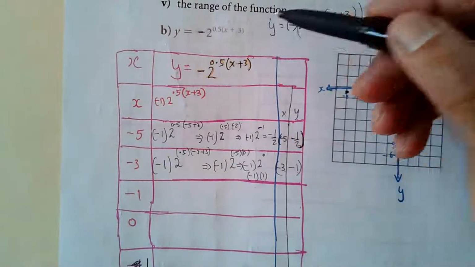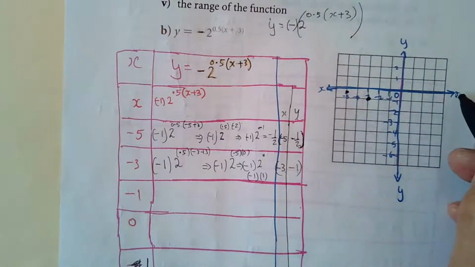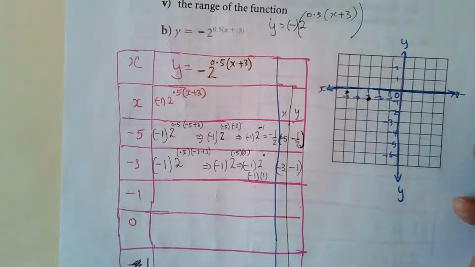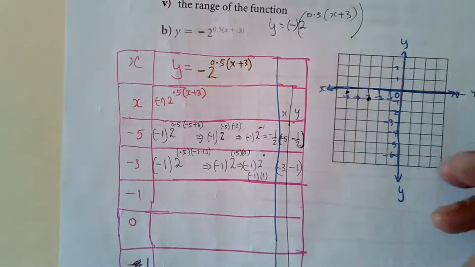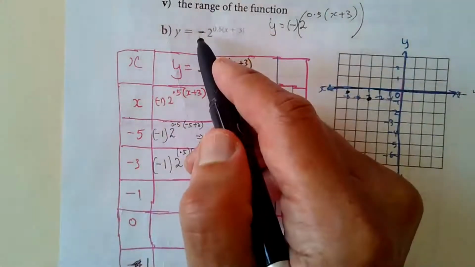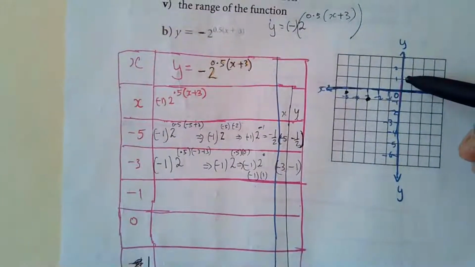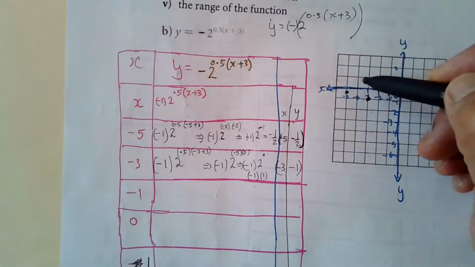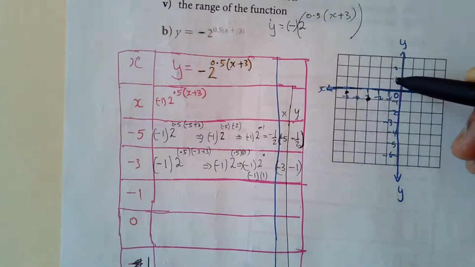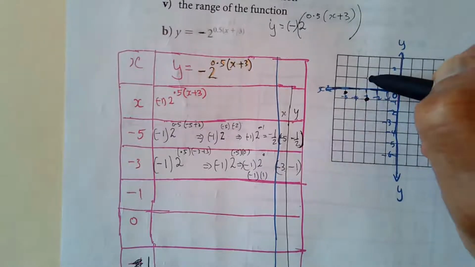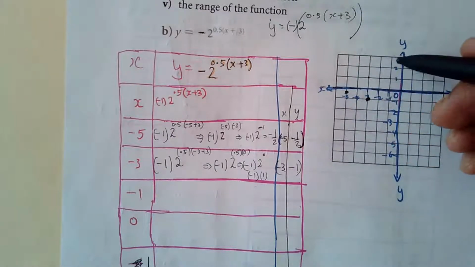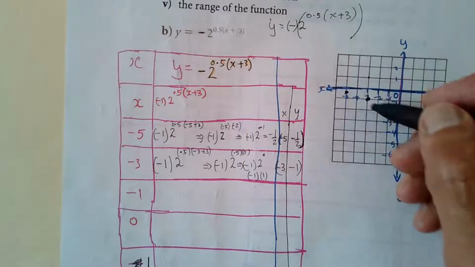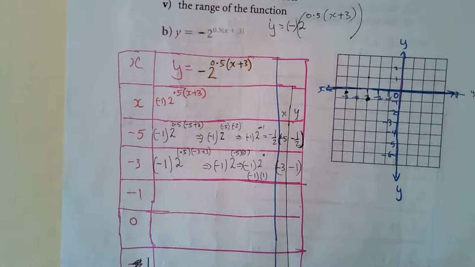There is no vertical translation, so your asymptote will be right on the x-axis, y equals 0. If this graph wasn't reflected, there would be a horizontal shift to the left 3 units, 1, 2, 3, and this point here would be going up. This graph is reflected, so it's going to be going downwards. Let's see if that's the case.